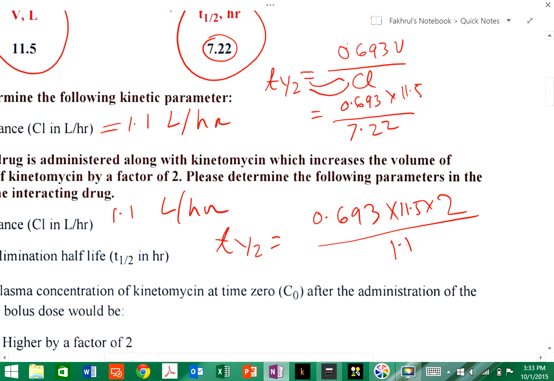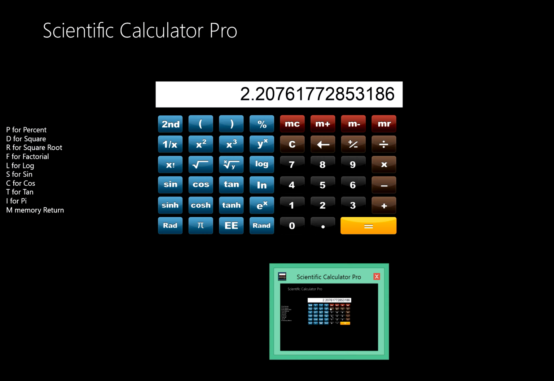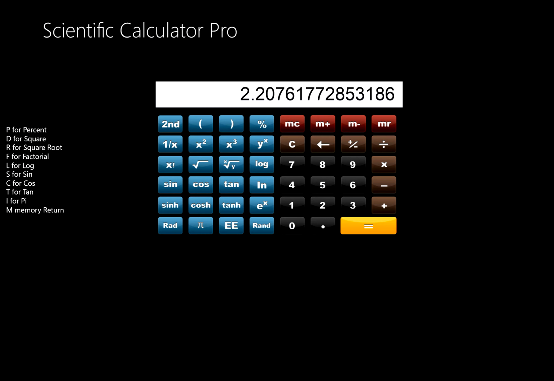If you go back to this calculator, 0.693 multiplied by 11.5 times 2, divided by the clearance, which is 1.1.